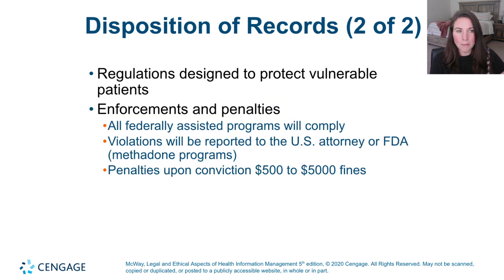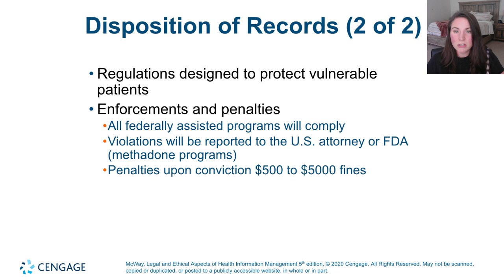All right, a big reason for these regulations being so strict is that people who seek this type of treatment should not be more vulnerable because of the availability of their record than people that do not seek treatment. Because of this, there are penalties for any violations.